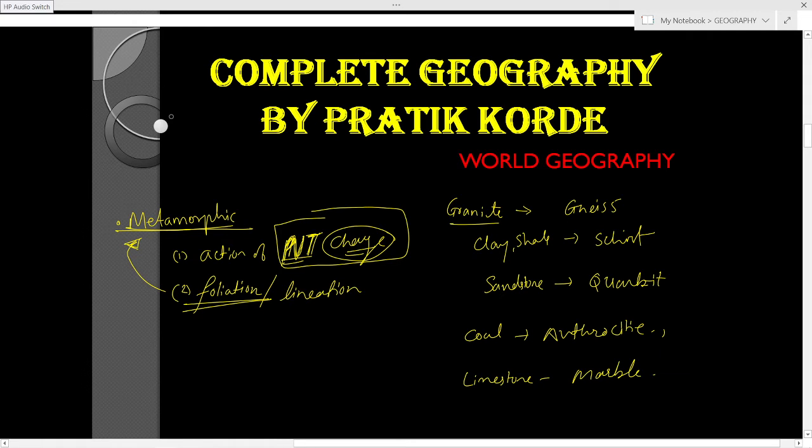So these are basically the structure. Now the most important part in this discussion is what I'm writing down. If we talk about the abundance, which rock is found in the highest quantity?